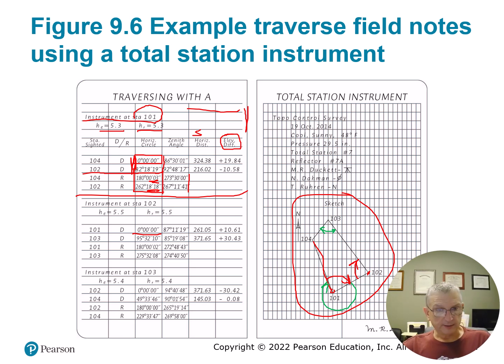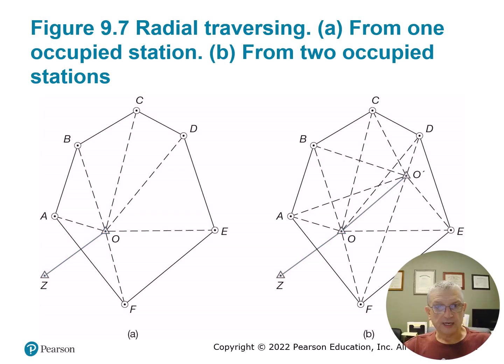Now, before we get into that, figure 9.7 uses a term that I don't really like. It says radial traversing. An example A here on the left, from one occupied station. Figure B on the right is from 2.